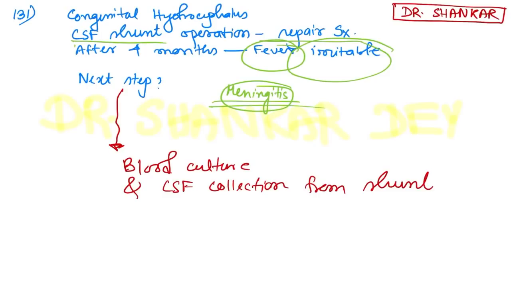According to national level faculty, as they have put on their social media platform, it is blood culture and CSF collection from shunt tap. Other options were blood culture and CSF from lumbar puncture, wait and watch, shunt patency nuclear study. I think these are the options, so the answer is blood culture and CSF collection from shunt tap.